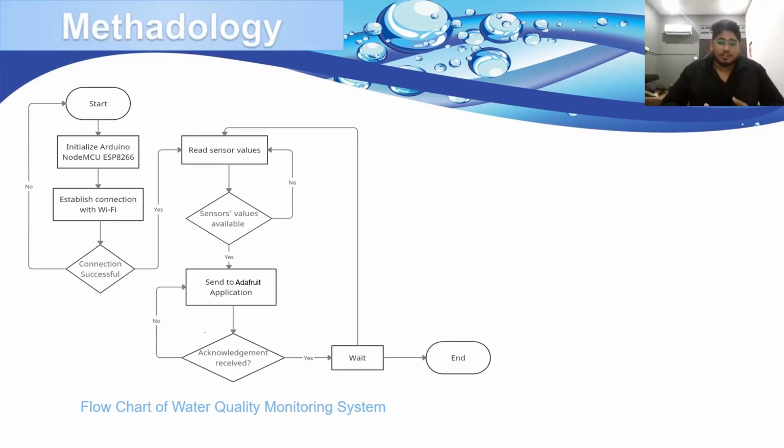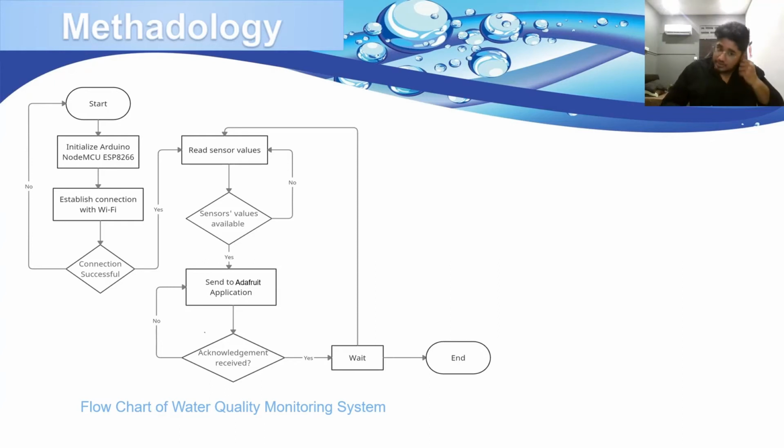And after that, it proceeds to read the sensor values. If the sensor values are available, it moves on to sending the data to Adafruit IO. But if not, it will try to read the sensor's value again until it has a value to present to Adafruit IO. After sending it, Adafruit IO will acknowledge whether the data is received or not.